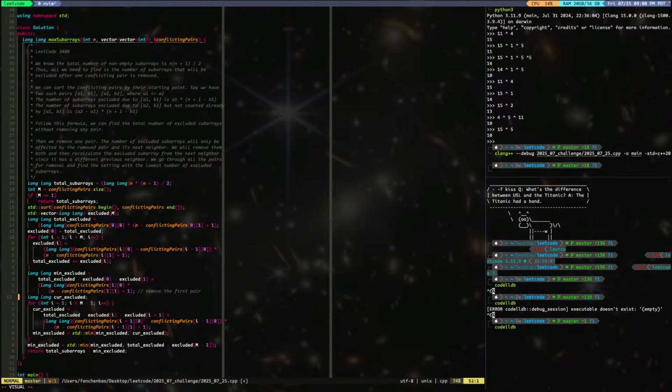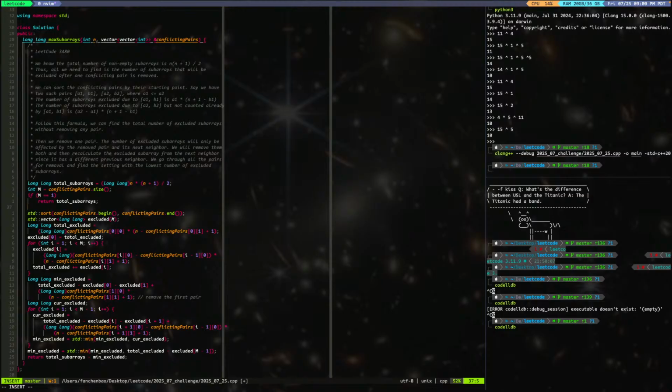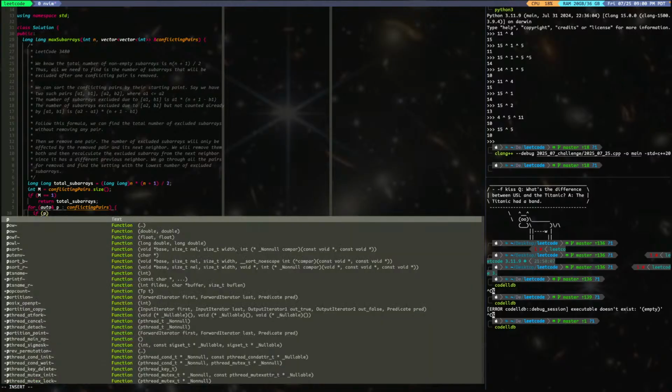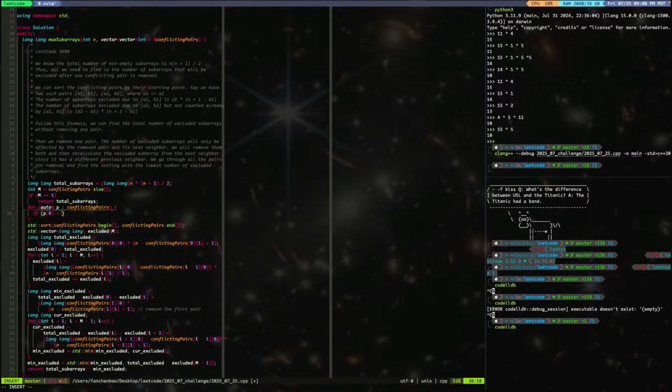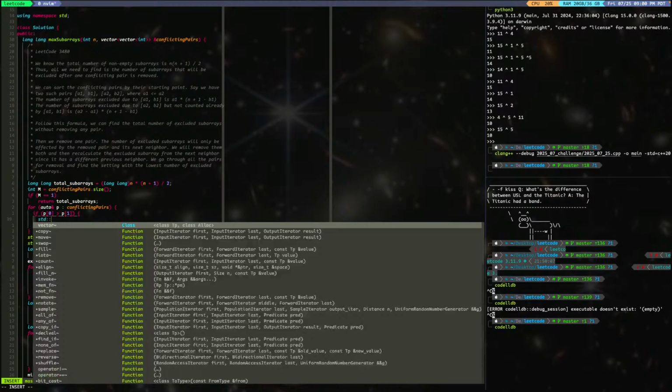So we will not sort them, but we have to go through, for auto P of conflicting pairs. If P0 is larger than P1, then I think it's a swap.